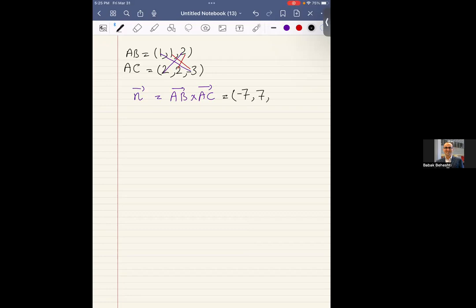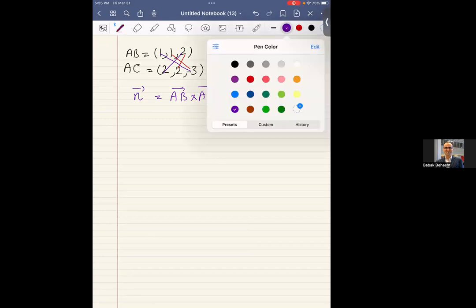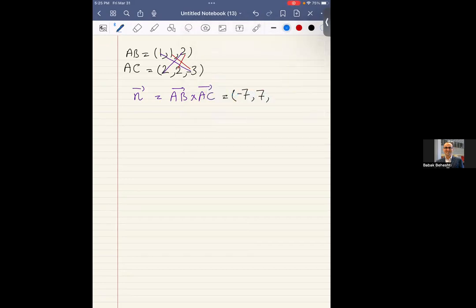And the first component is given by, let me use another color, you multiply 1 with -3 and 2 with 2.